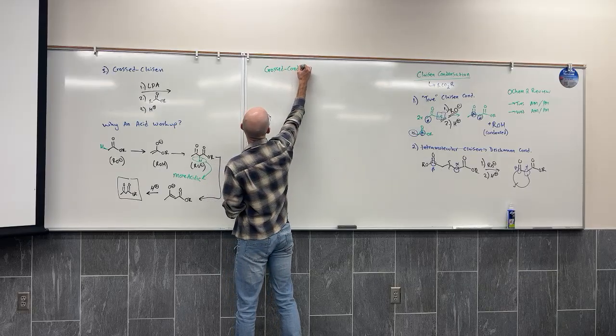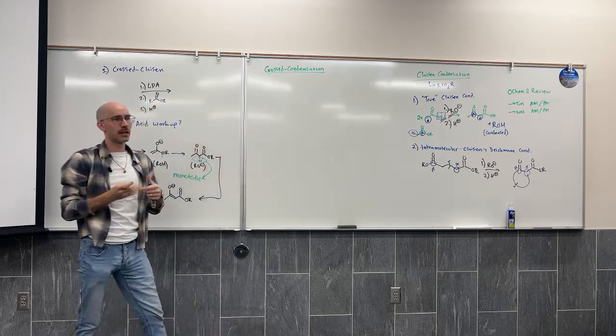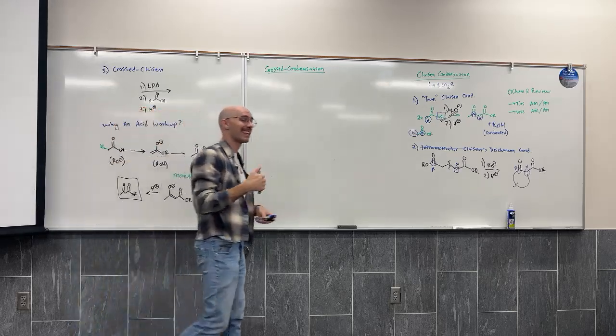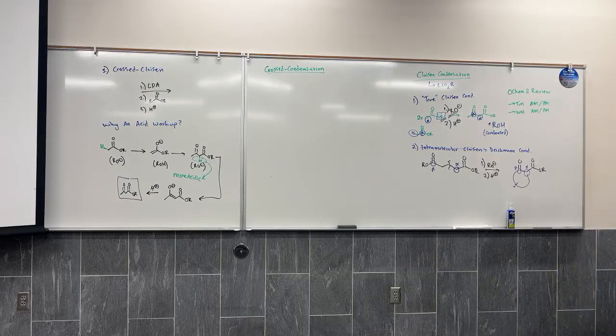Since we know aldol condensation applies to aldehydes and ketones, Claisen condensation applies to esters, then these are not aldol because they're going to include both esters and aldehydes or ketones. So they're not aldol, they're not Claisen, they're a little bit of both.